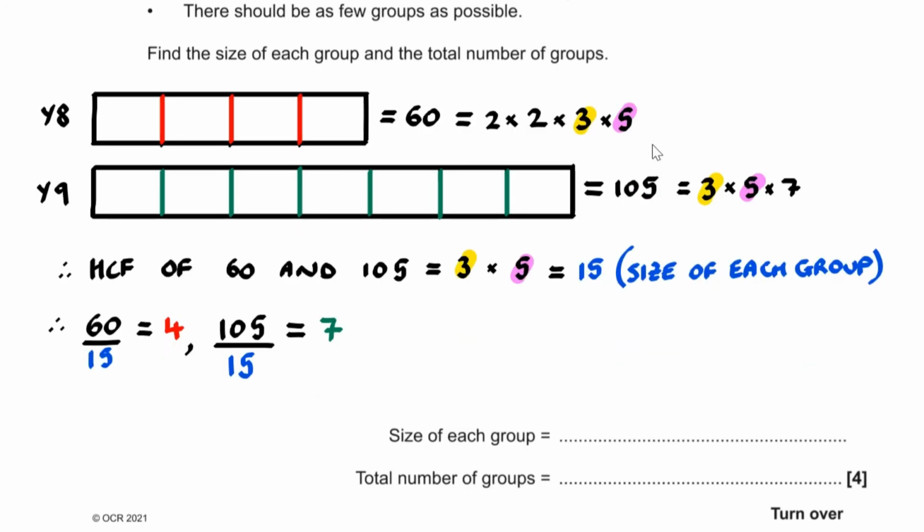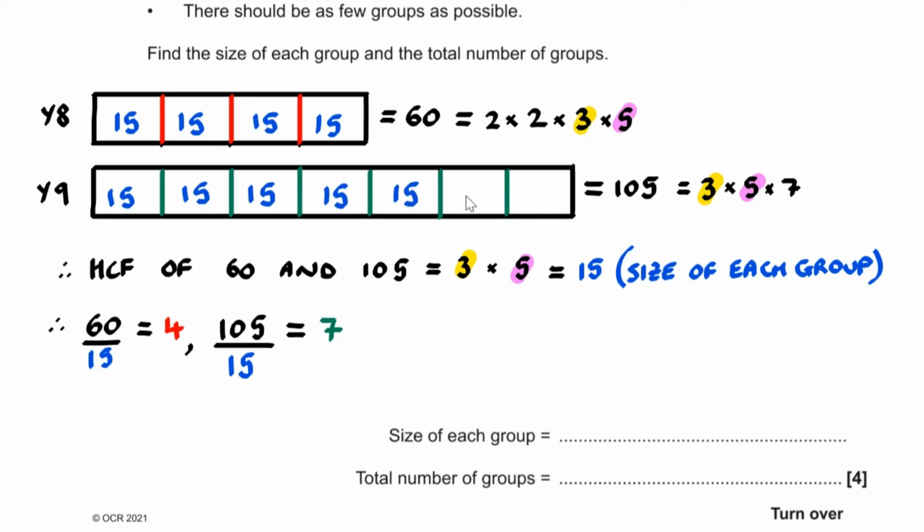So we've got 4 groups of year 8 and 7 groups of year 9, and that's shown with this model. And the size of each group is 15.